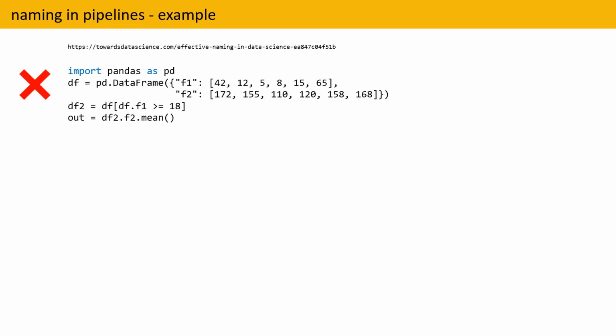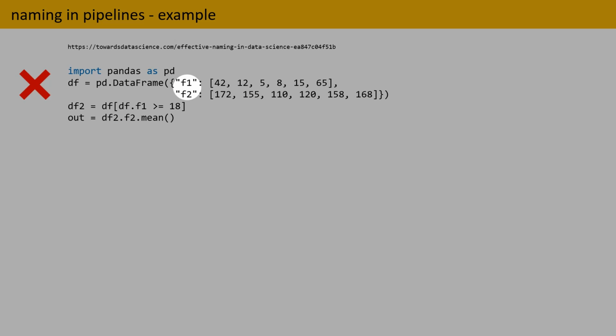This first code example is from a blog discussing the effects of naming in data science. It is highlighted as an example of bad naming, and indeed, the semantics, the meaning of this code is unclear. What are those features f1 and f2? Why are the data filtered for feature f1 greater or equal to 18?